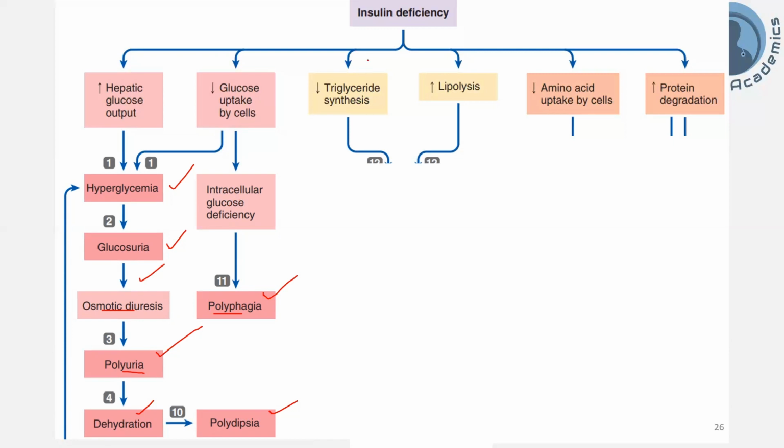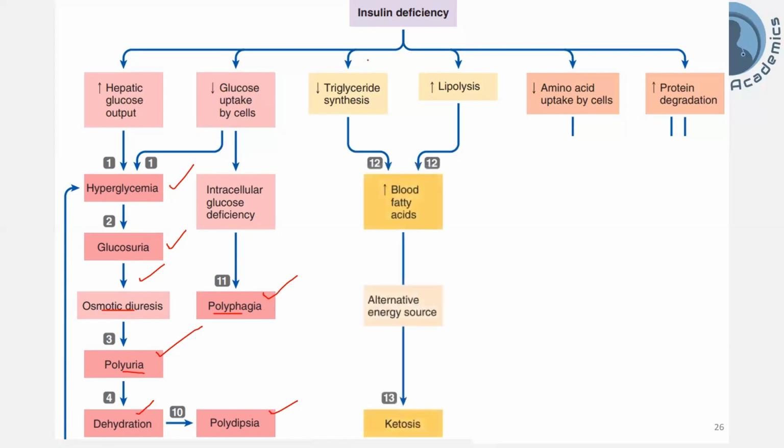As far as lipids are concerned, because of the decreased triglyceride synthesis and increased lipolysis, the blood fatty acid level is going to increase because these are going to be used as an alternative energy source. When fatty acids are used as an alternative energy source, the production of ketones, or ketogenesis, is encouraged and ketosis results.